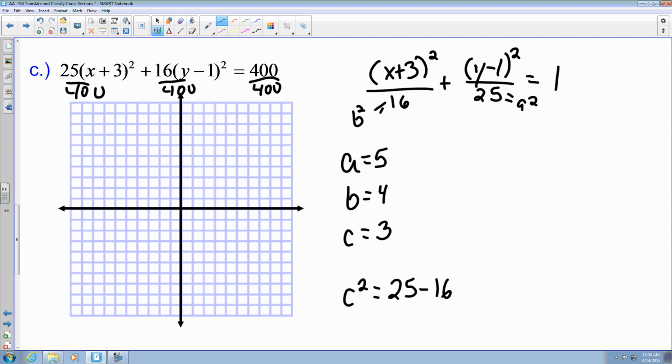So I need to find the vertices, the co-vertices, and the foci here.